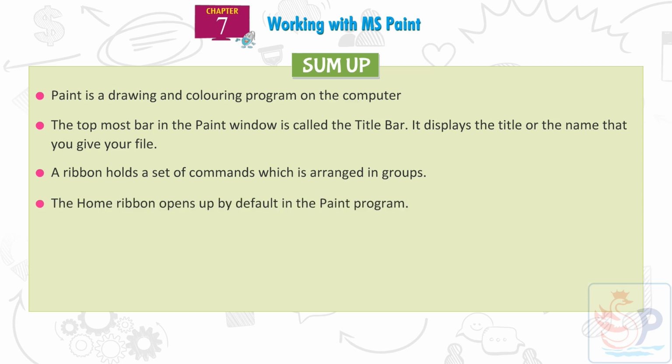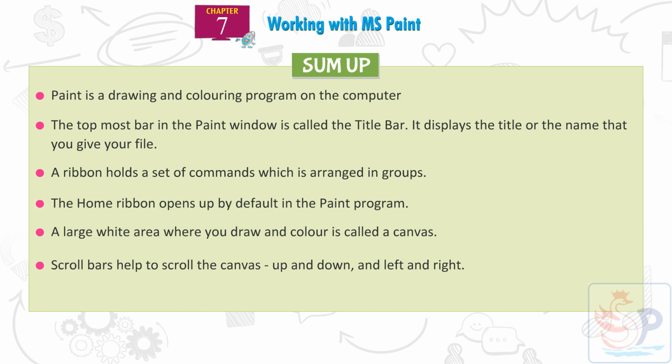The Home ribbon opens up by default in the Paint program. A large white area where you draw and color is called a canvas. Scroll bars help to scroll the canvas up and down and left and right.